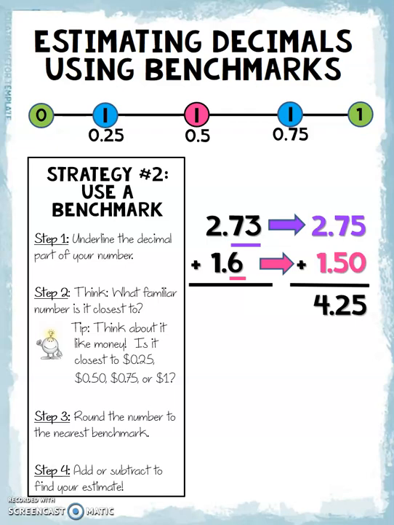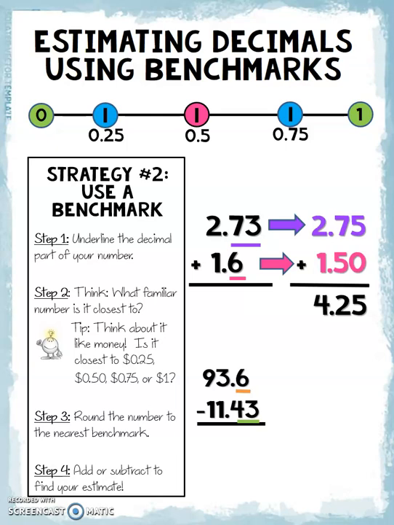Let's take a look at a couple more examples of this strategy. This time, let's look again at the subtraction problem, 93 and 6/10 minus 11 and 43 hundredths. Again, you'll start by underlining the decimal part, which is the 6/10 and the 43 hundredths. Then, think about what familiar number you're closest to. And again, I suggest thinking about this like money.